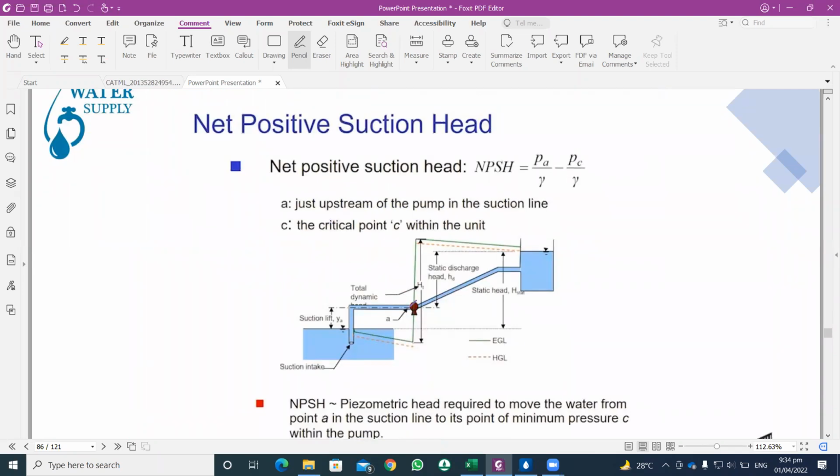It mostly occurs just upstream of a pump. The point C is the critical point within the pump, and point A is just upstream of that pump. It is basically the difference between the pressure head at point A and the pressure head at point C, which is the critical point inside the pump.